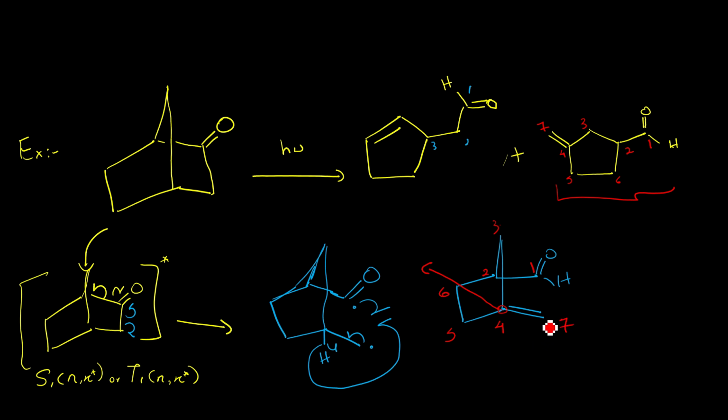This is the number system. So 1, 2, 3, and 6 is around here. So you have to grab this 4 and put it here, take 7 down and put it here, take 5 and put it here. You just need to reshape the structure. I hope you can imagine the structure. You just need to stretch it out. This is the number system, the carbon positions of this particular structure.